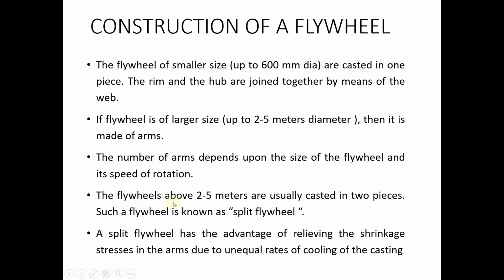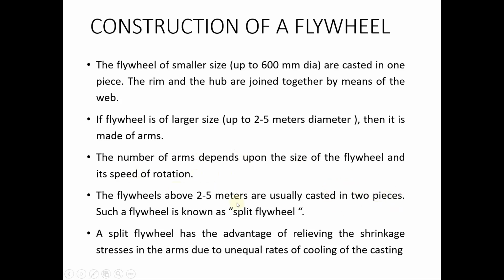Now there are also flywheels which are larger than 2 to 5 meters. They are very large flywheels, and such large flywheels cannot be manufactured as a single unit. So what they do is they cast the flywheel in two pieces, and then these two pieces will be joined together to form a single flywheel.